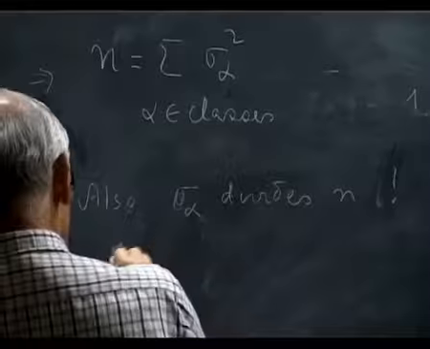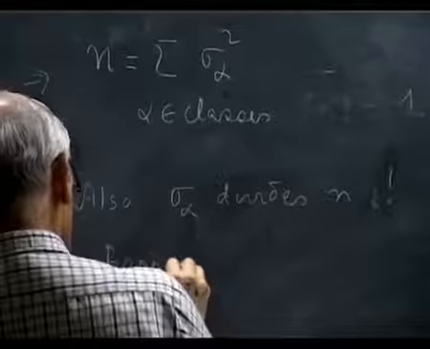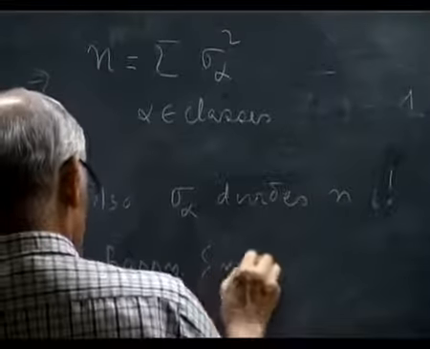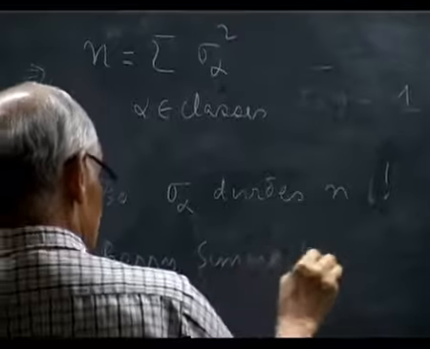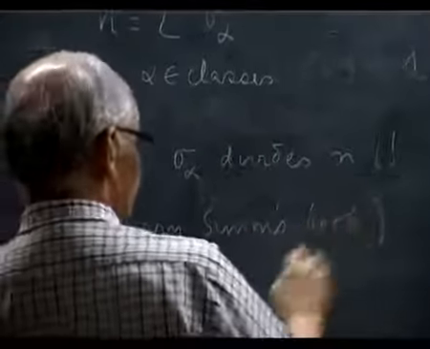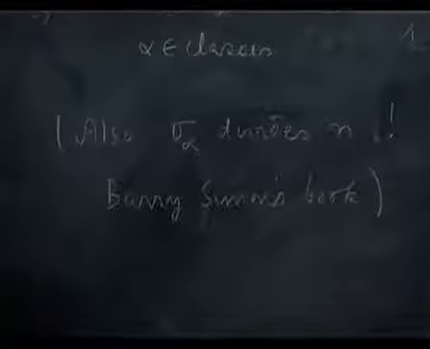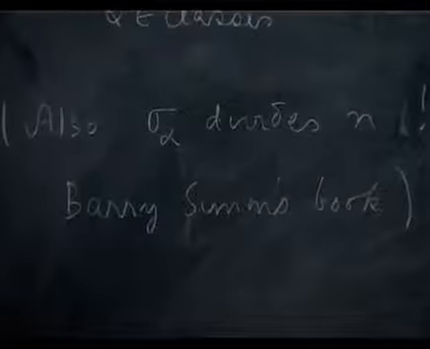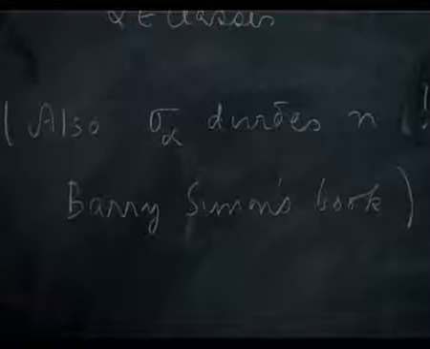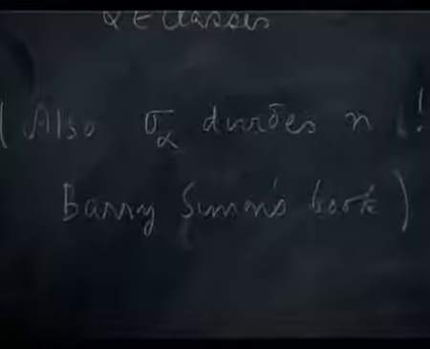You can see, I did not know this. It is in Barry Simon's book. Actually, Barry Simon has written a book on representation theory of finite groups, which is available again. You can download it. And actually, his presentation is closely following mine.